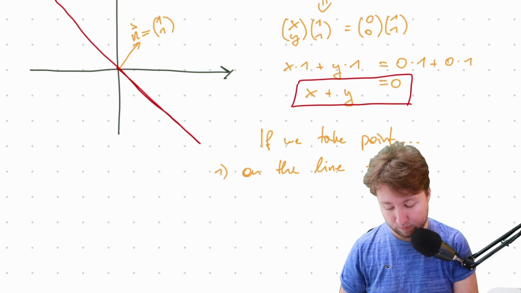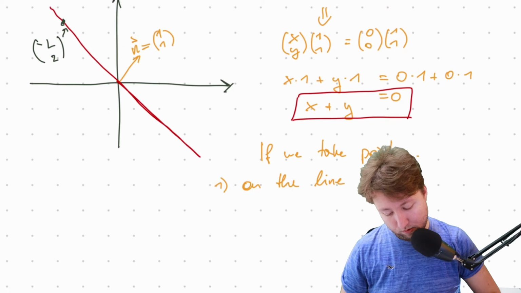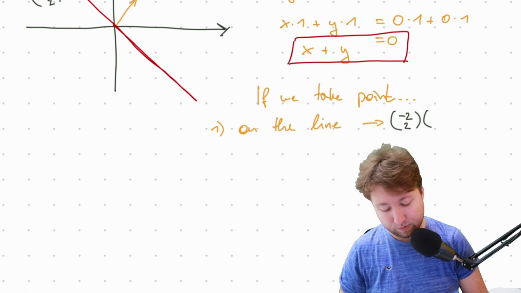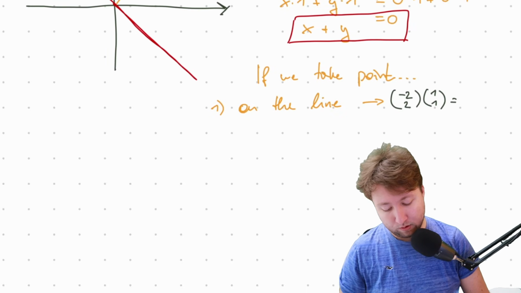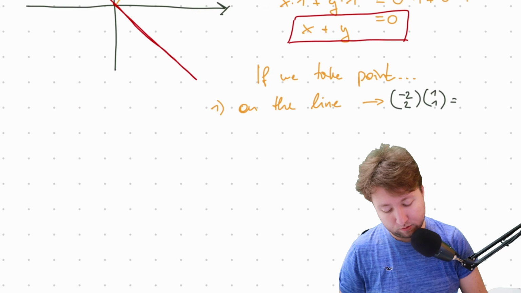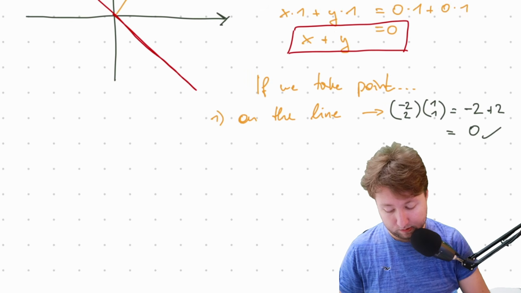This point, for example, over here is on the line. That would be something like (-2, 2). So if we take (-2, 2), and we take the dot product with the normal vector, then we get, well, -2 times 1 is -2, plus 2 times 1 is -2 plus 2, and that's 0. Checks out.